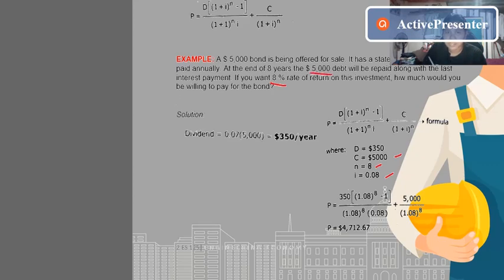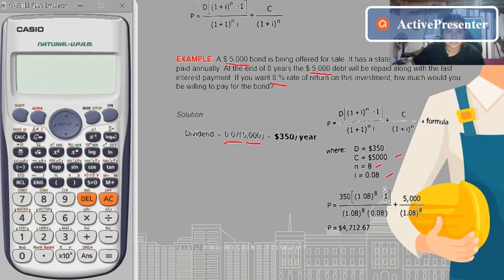For this bond, we need to solve for the dividend since it gave an interest rate of 7% annually and our bond is 5,000. So, multiply: 0.07 times the 5,000 bond. Our dividend or D will be $350 per year.